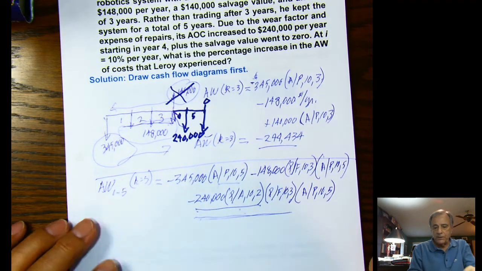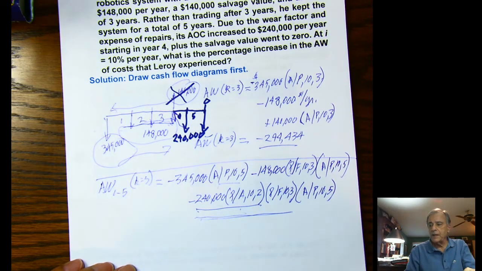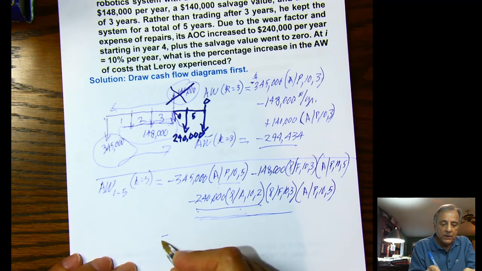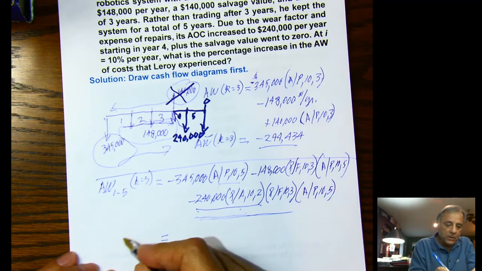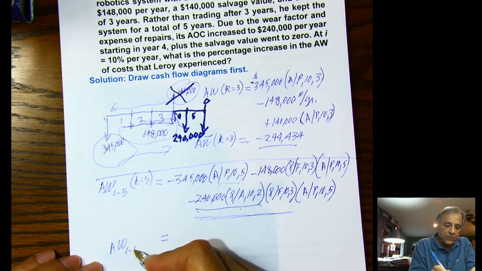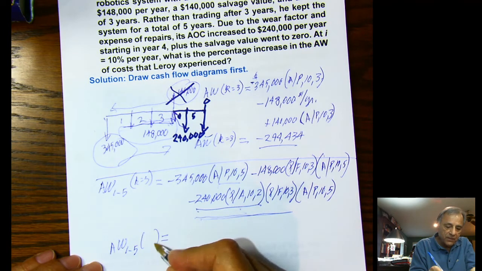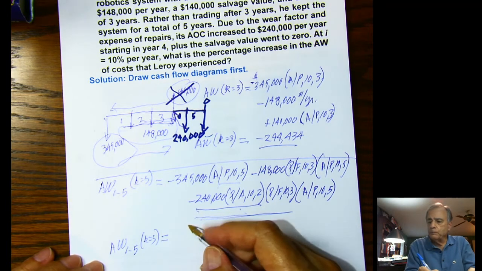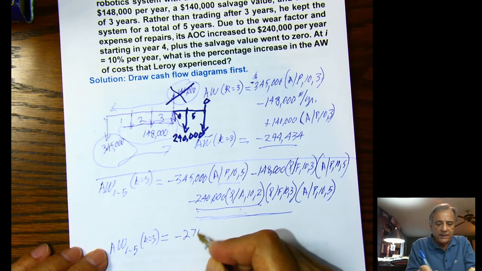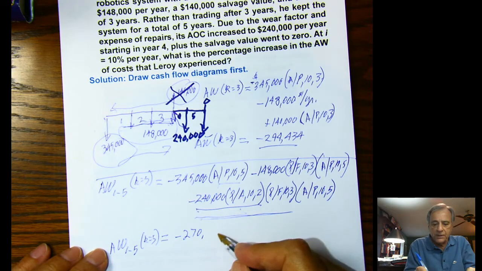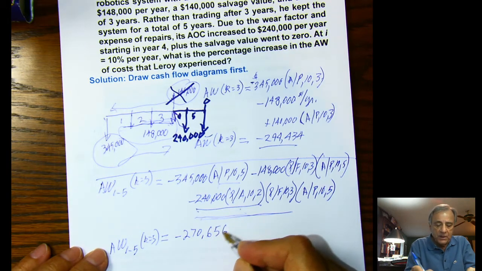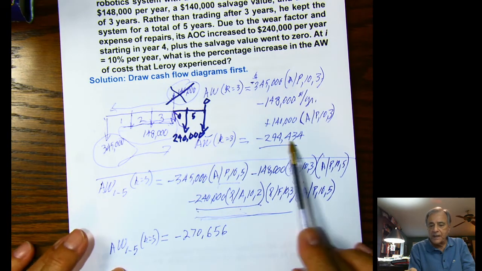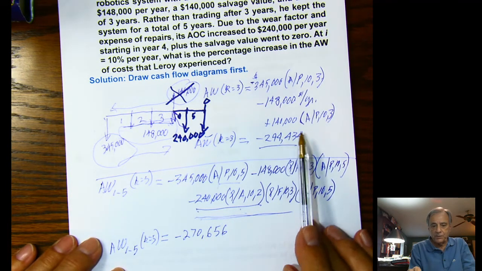So we do all these calculations, and you'll see that the result is the annual worth of 1 through 5 years, K equal 5, is equal to minus 270,656, which of course this costs more than that. This is the higher value, so this would be selected.